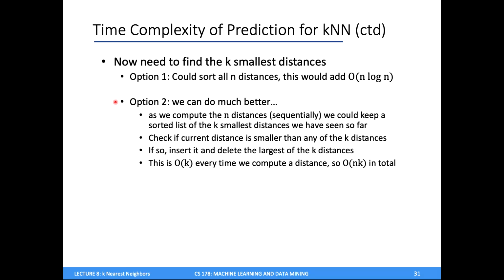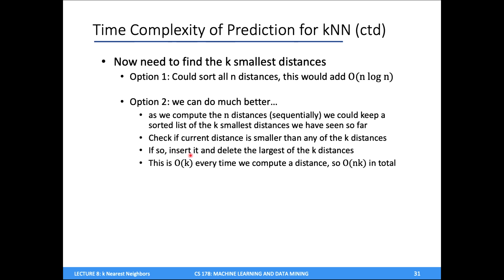The second option is we can be a lot smarter about how we find these k smallest distances. One way to do this is that as we compute our n distances, just looping over our training data, we can keep a sorted list of the k smallest distances we have seen so far. Then at every iteration of this loop, we can check if the current distance is smaller than any of the k distances we have stored in this list of smallest distances.